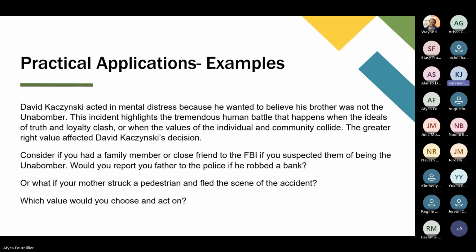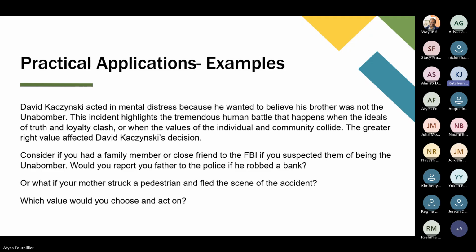So consider, if you had a family member or close friend and you suspected them of being the Unabomber, would you report them to the FBI? Would you report your father to the police?